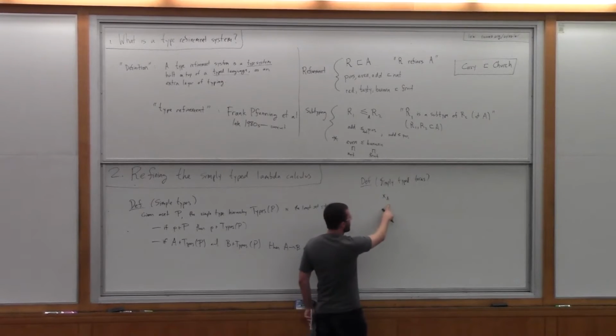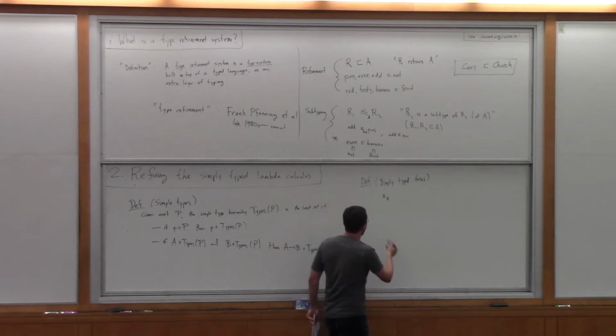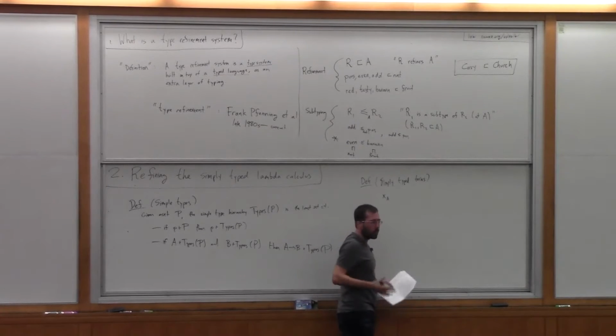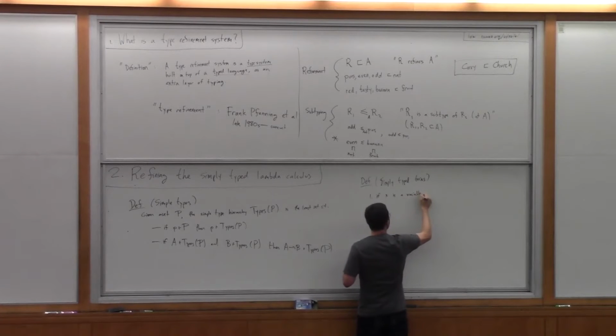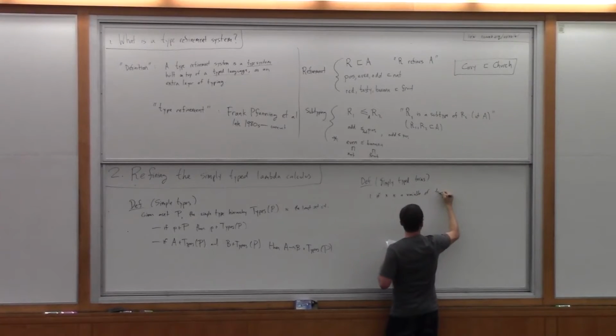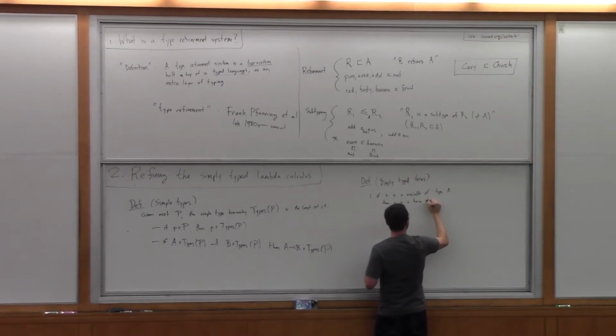He wrote the type of a variable as a subscript. I'm not going to do that, but I'm just going to assume that every variable has a uniquely associated type. Then the definition of terms is that if x is a variable of type A, then x is a term of type A.